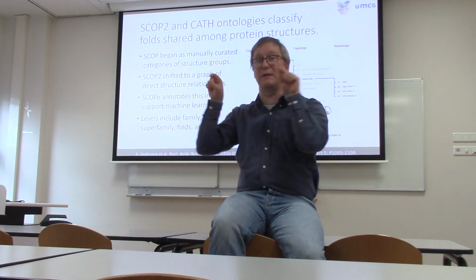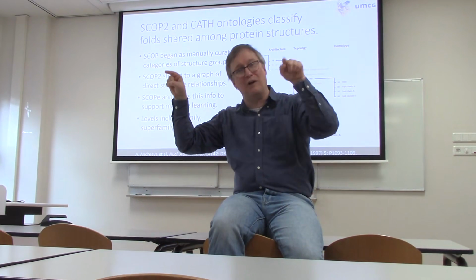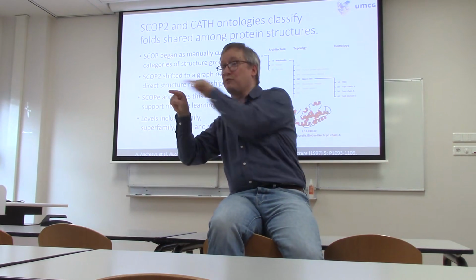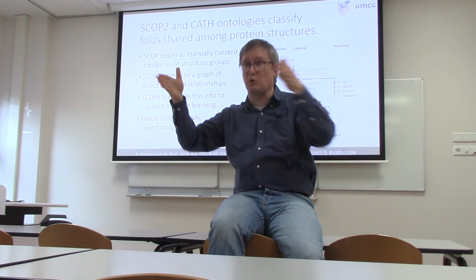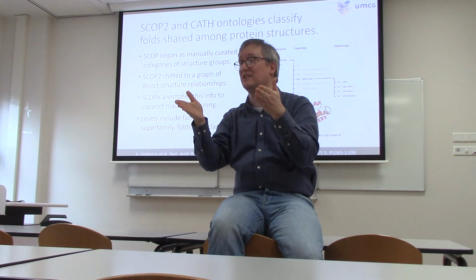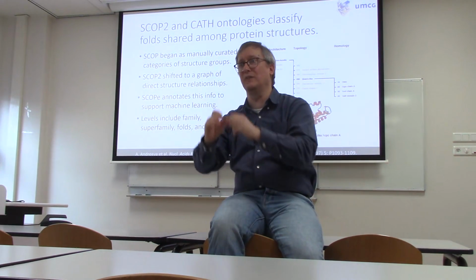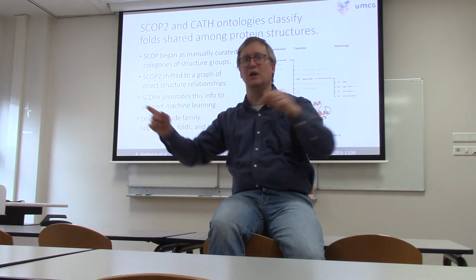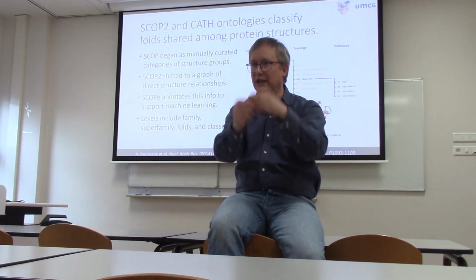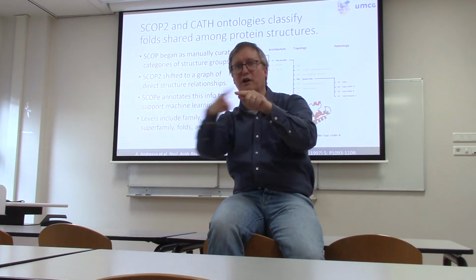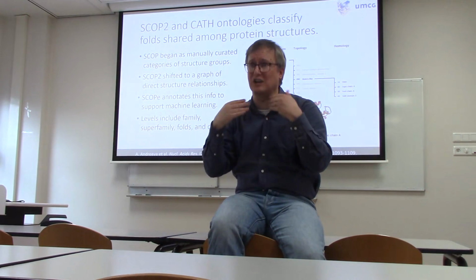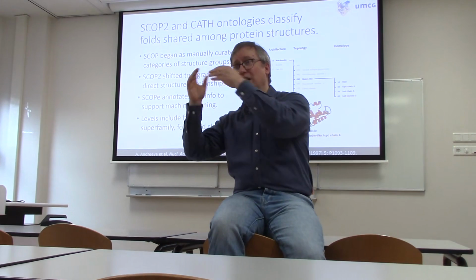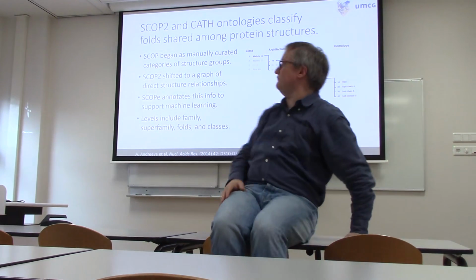I can ask, for example, for two structures, how many intervening structures must I move through to get from one to the other? You can find shortest path algorithms on it. So we move away from a 'how many structures fit in this box' paradigm to which are most closely related, how many structures do I need to walk through to get from one to another. It's a graph representation rather than a box approach.